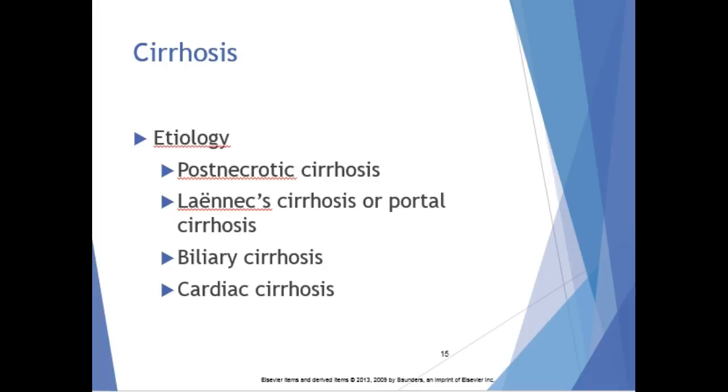Okay, next let's take a look at cirrhosis. There are different types of cirrhosis. There's post-necrotic cirrhosis, which is caused by viral hepatitis, toxic substances, parasites, or infection. Laennec cirrhosis or portal cirrhosis occurs from alcoholism.